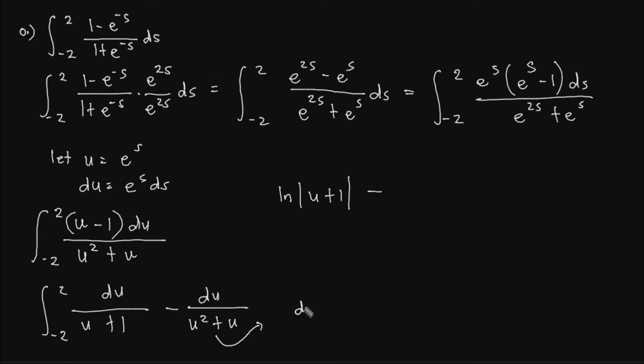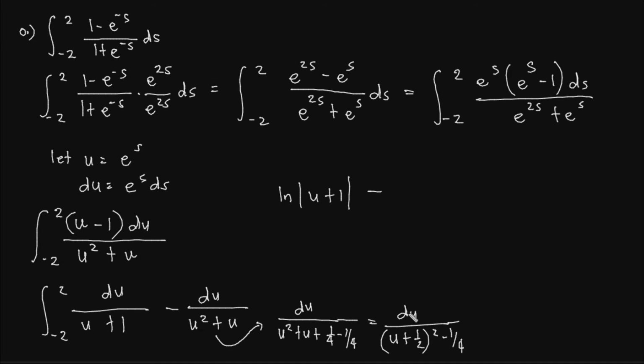So with this, we have du over u squared plus u plus, this is 1/4 minus 1/4. And then this becomes du over u plus 1/2 squared minus 1/4, and then you can just use your inverse trigonometric function.